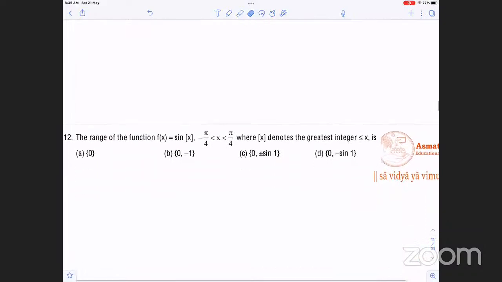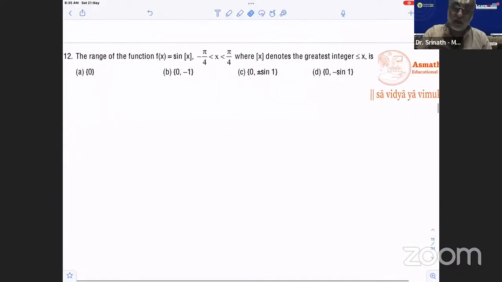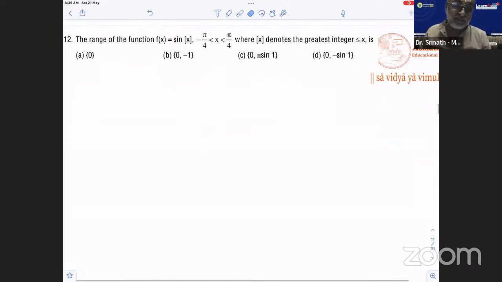Yes, sir. Fine. This is an interesting problem, the 12th one. The range of the function f of x is equal to sine of greatest integer x, and here x lies between -π/4 and +π/4.